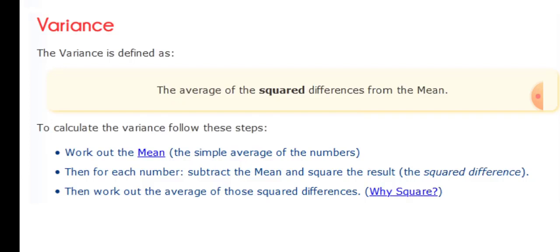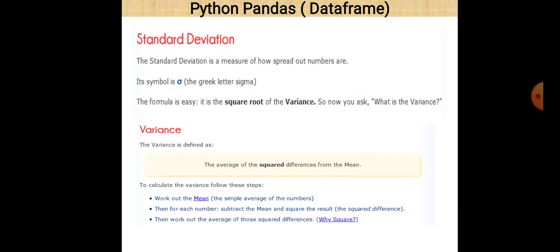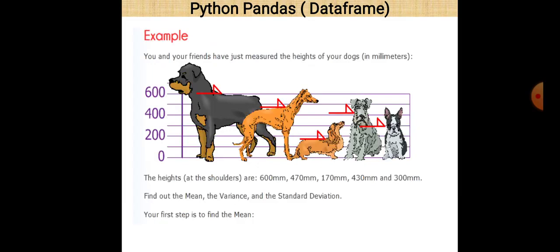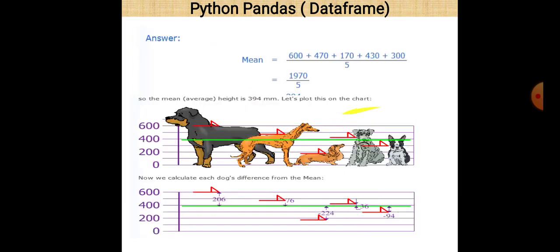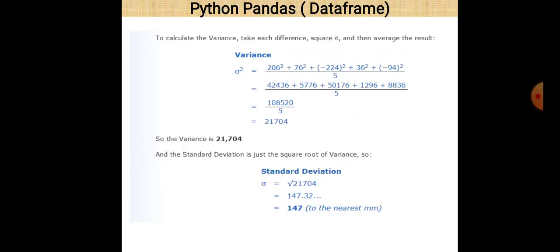Then work out the average of these squared differences. That gives the variance, and after calculating the variance, you can easily calculate standard deviation by taking the square root of the variance.